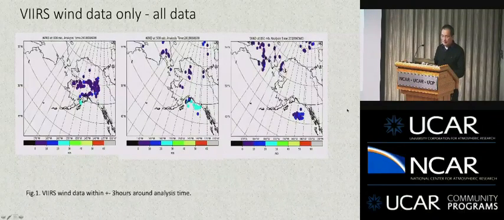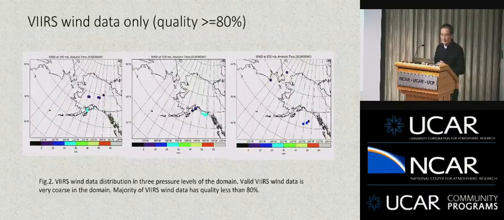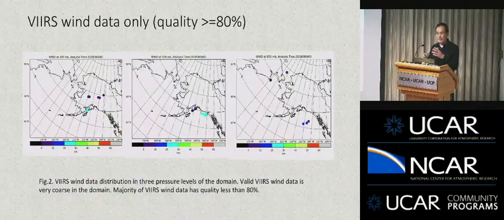So there's a whole set of data, but after we apply quality control, we only choose data with quality greater than 80%. We got data that looks like this. So it's very, very sparse. But this is for this case. Maybe for other cases there are a lot of clouds, and they can derive another wind. But for this specific case, it is very sparse here.